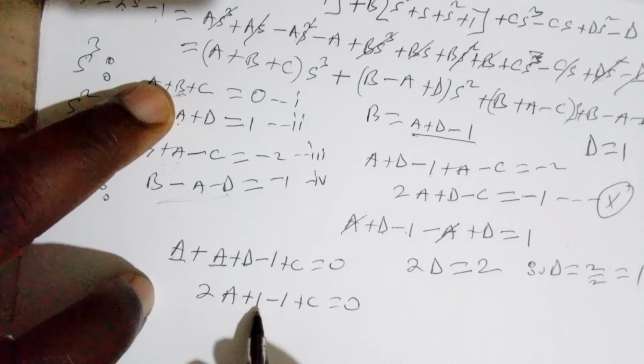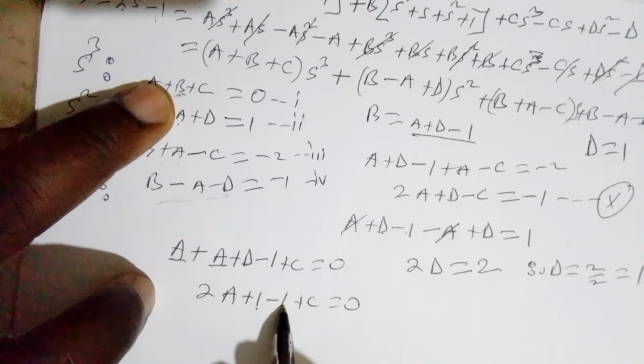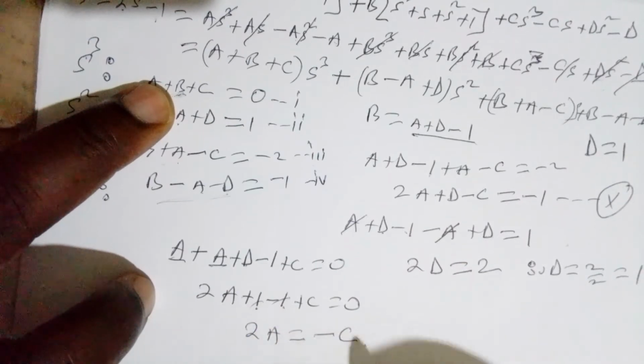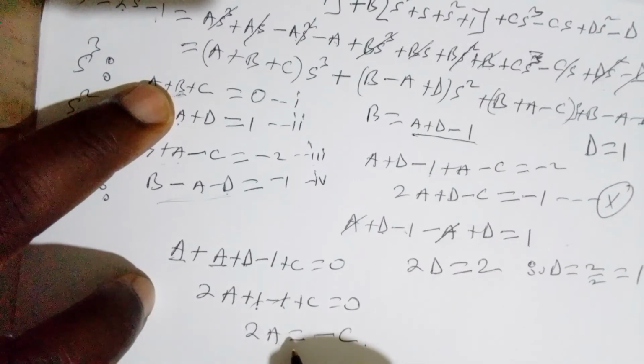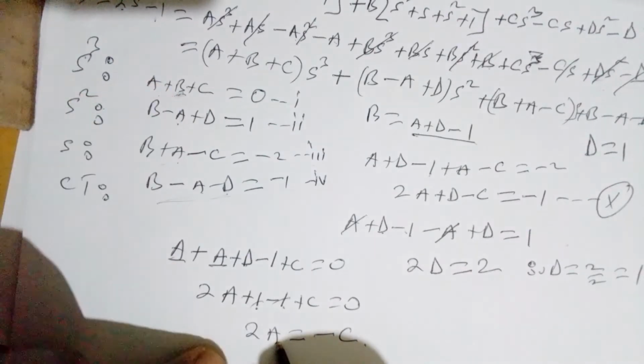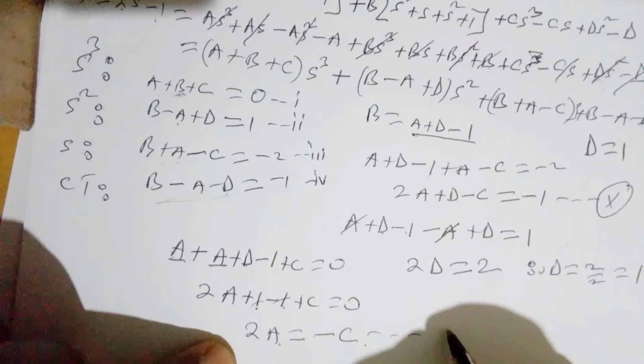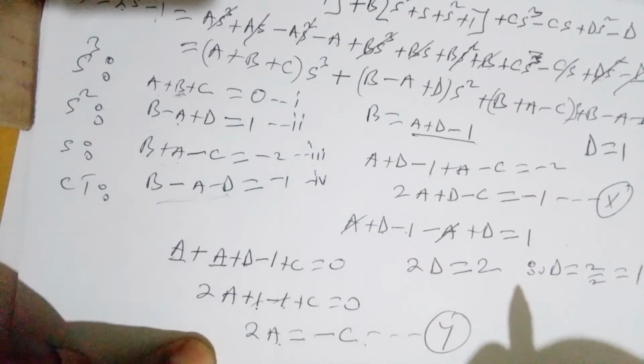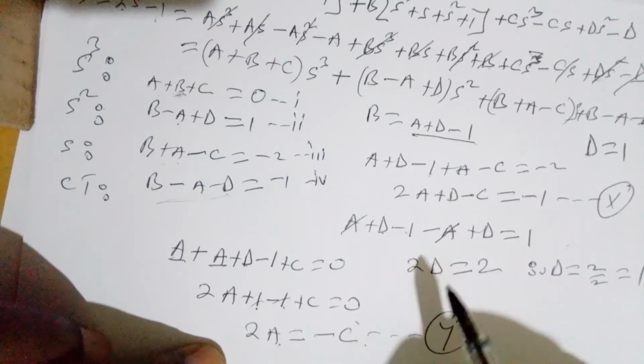So here we have 1 minus 1, it cancels. So we have 2a equals minus c. 2a equals minus c. You can call this one equation y.